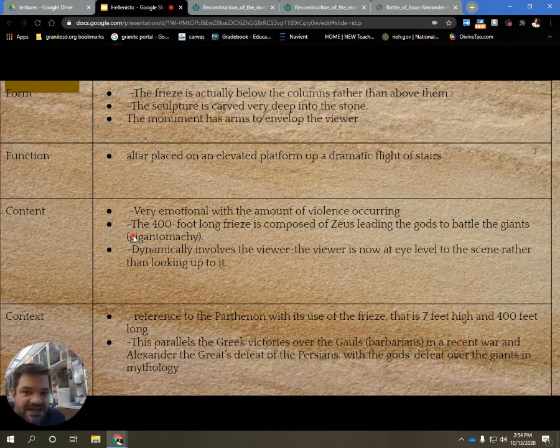The Olympians then battle, so they fought the Titans, now they battle the giants, the children of Gaia and Tartarus, and take them down. Okay? And that's the story that's being told on this frieze. It's the gigantomachy, the battle of the Olympians against the giants. Okay? When they fight the Titans, that's called a titanomachy. When they fight the Amazons, that's called an amazonomachy. When they fight the giants, gigantomachy. Okay?